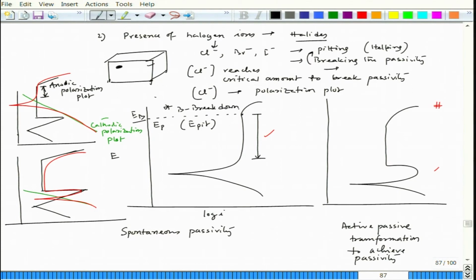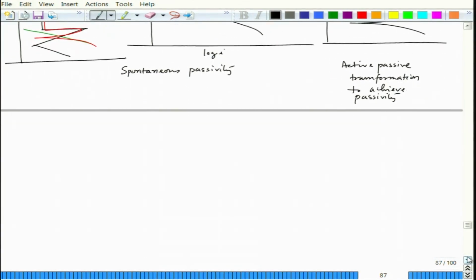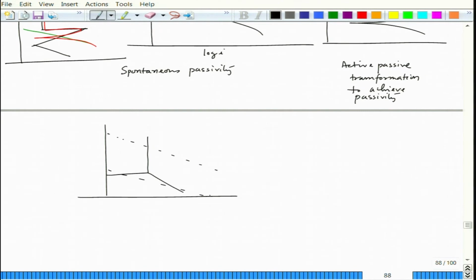Remember, that particular point might happen without breakdown even if it reaches the point where oxygen reduction starts. Okay. So, if you go back, for example, let us say I am looking at a Pourbaix diagram. Let us say this is the oxygen line, this is the hydrogen line. You recall potential versus pH.